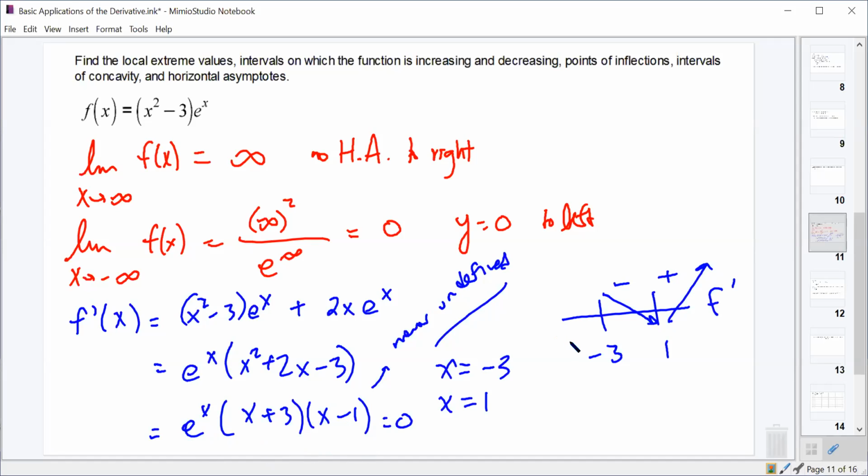And if you plug in a very large negative, like -1,000, e to the -1,000 is still positive. It's a very small positive number, but it is positive. And then both of these are negative, which gives us a positive, and our function increases. Everybody good with that so far?